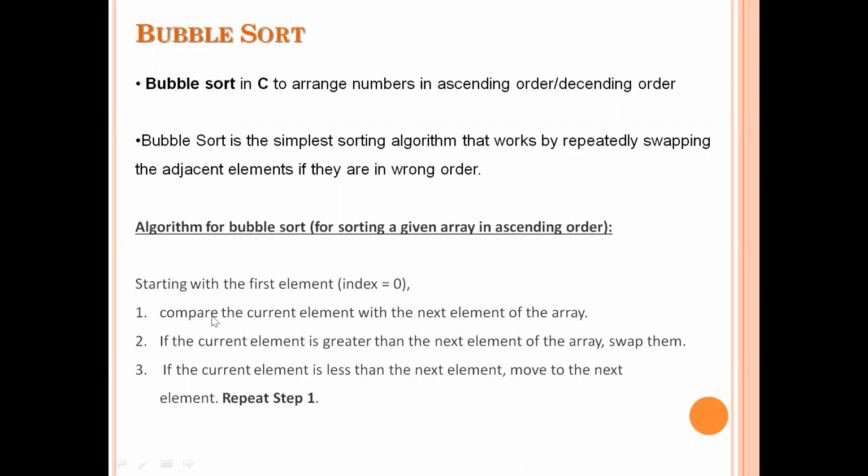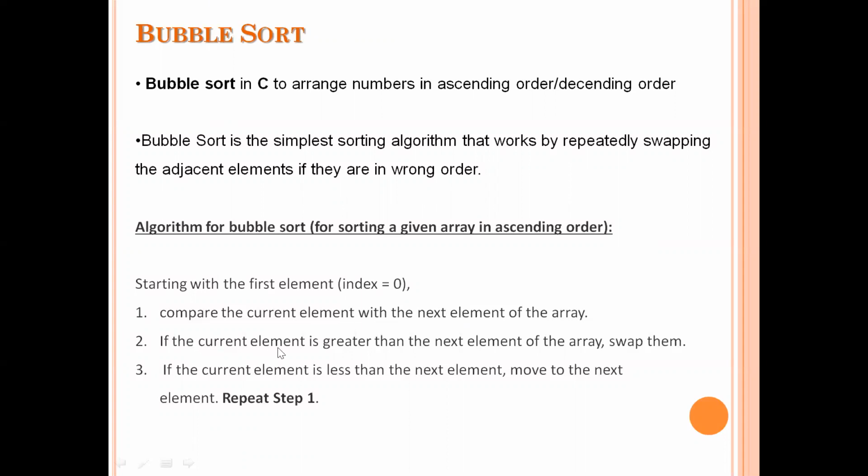Now compare the current element, meaning the 0th index element, with the next element. So what is the next element in the array? The first index element. So compare the 0th index element with the next element of the array.